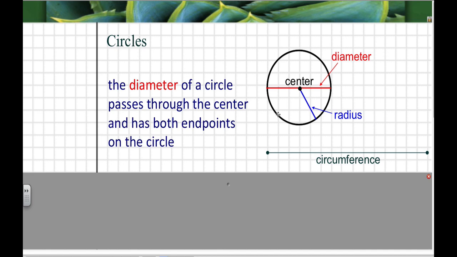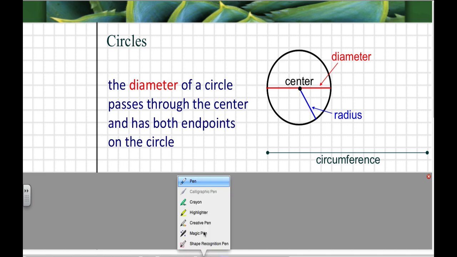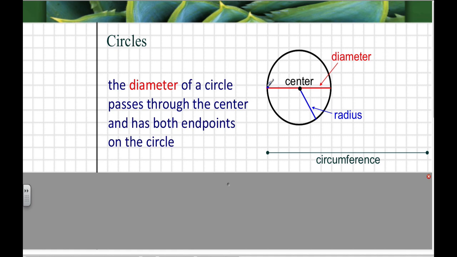Once we've created that circle, we say the diameter of a circle passes through the center and it has both endpoints on the circle. In other words, it's got to start over here, end over here on the circle, but it's got to go through the middle of the circle. It's got to go through that center piece.